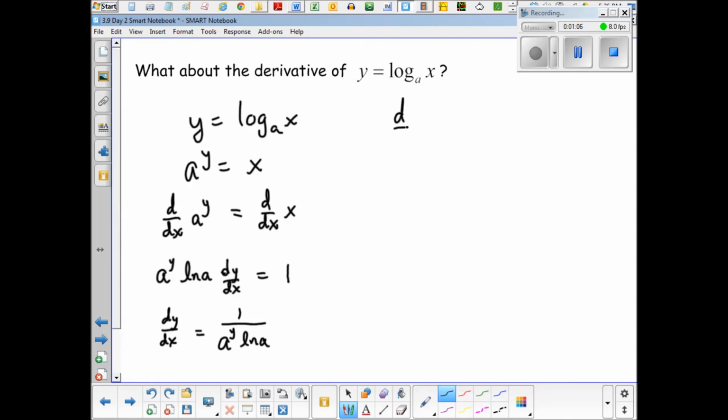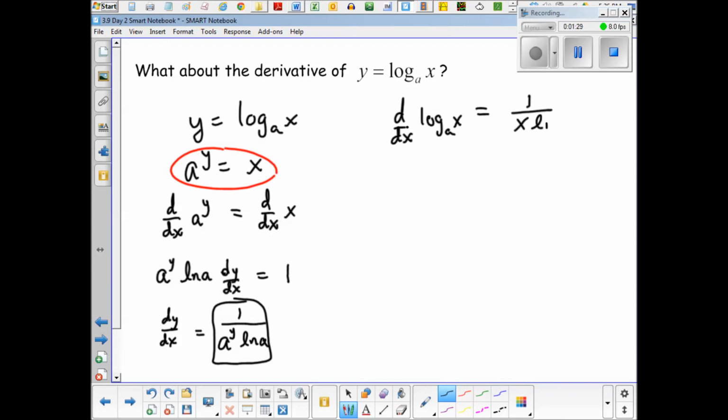We can summarize that by saying d/dx of log base a of x turned out to equal this. The a to the y part can be replaced with x, so we'll put that in. It's 1 over x ln a.